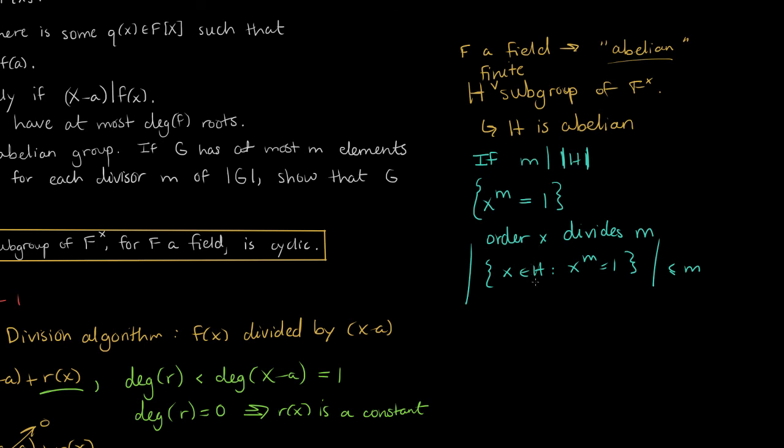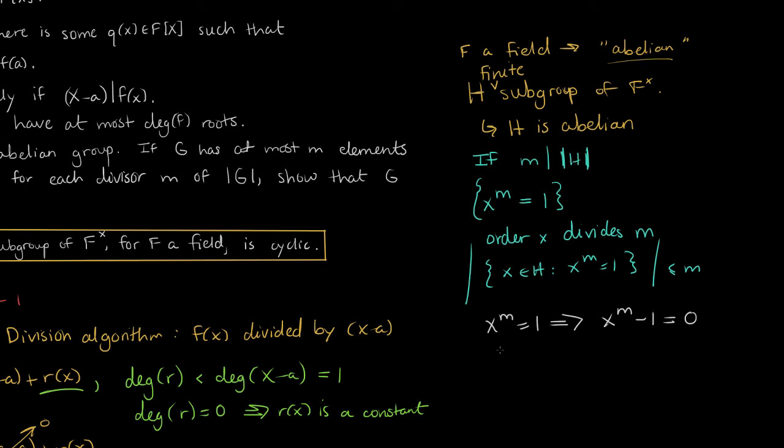And here is the kicker. We can translate back to thinking about F as a field and say the condition x to the m equals 1 looks an awful lot like a polynomial x to the m minus 1 equals 0 in the field.